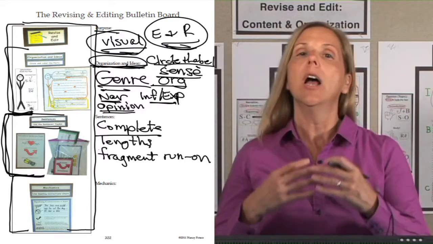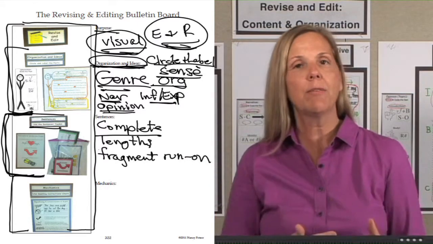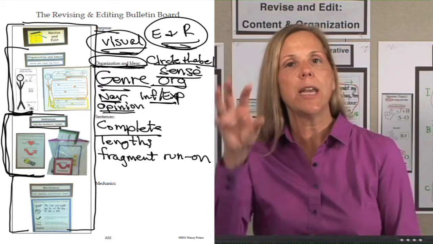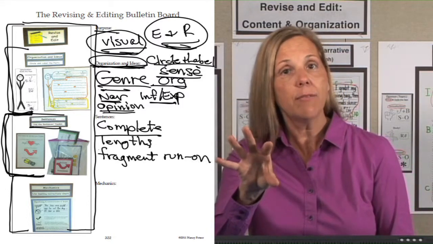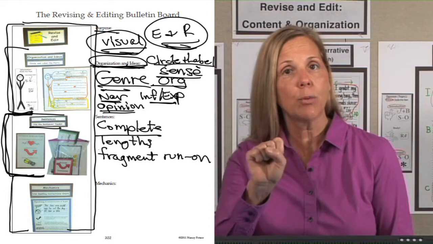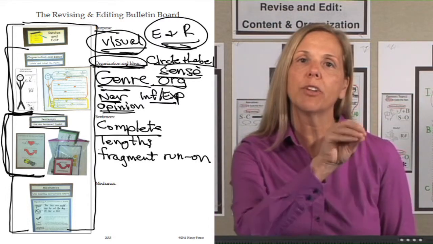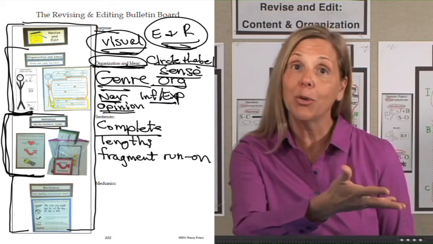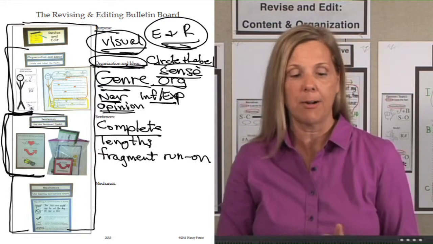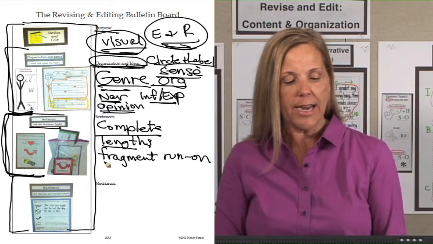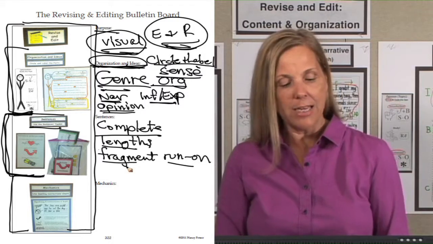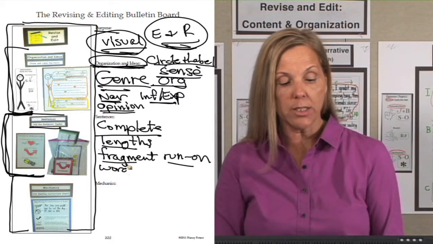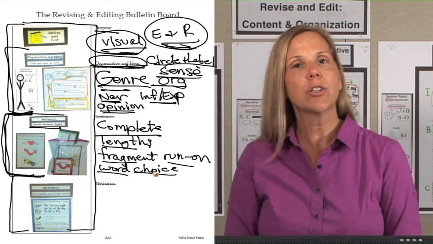So notice, everything in my revising and editing is going to be how to identify if there's an error or a problem in your writing, and then we will have some sort of a tool or technique in order to revise or fix that error. We have our sentence lengths, our fragments, our run-ons, as well as word choice. The words that we have in our sentences.